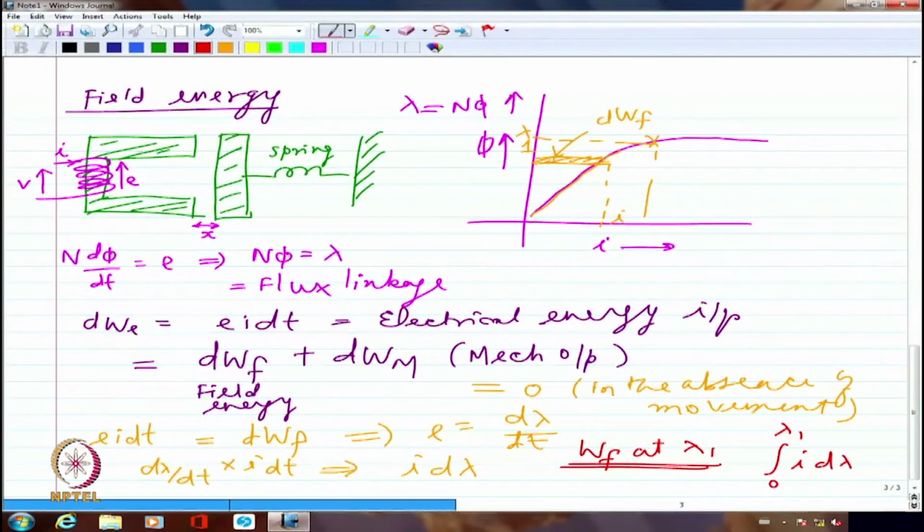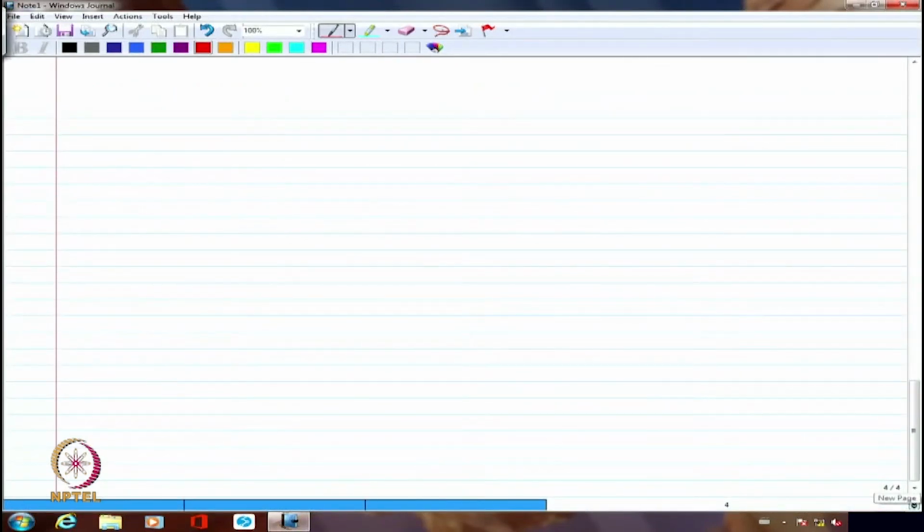Right? So this I can again express in terms of magnetic circuit quantities. I have two specific magnetic field intensities, let us say, associated with the core and associated with the air gap. Let's try to look at the magnetic circuit again.